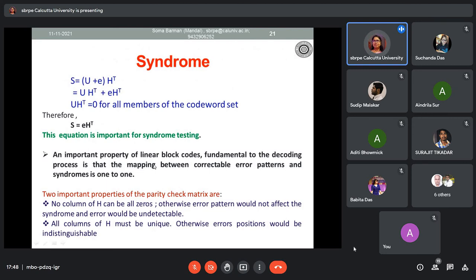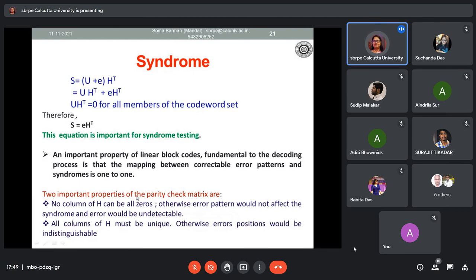An important property of linear block codes, fundamental to the decoding process, is that the mapping between a correctable error pattern and the syndrome is one-to-one. This will be clear if I take an example. Now, two important properties of the parity check matrix.